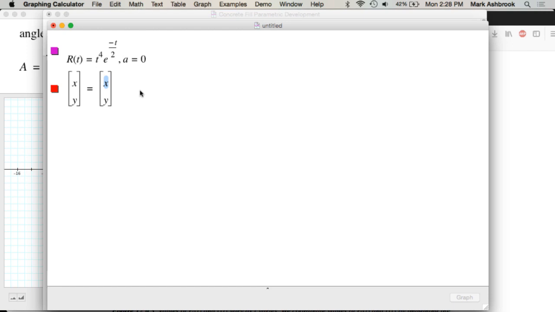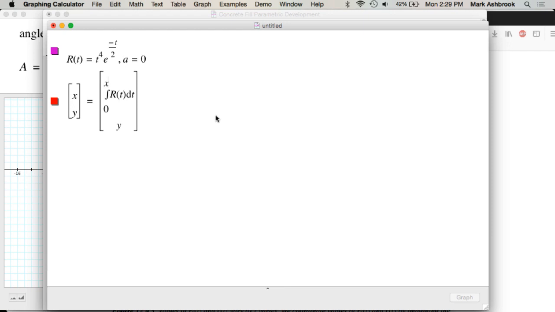That is integral. So I can do Control-Shift-I of r. Why type that out when we can use function notation? R of t.